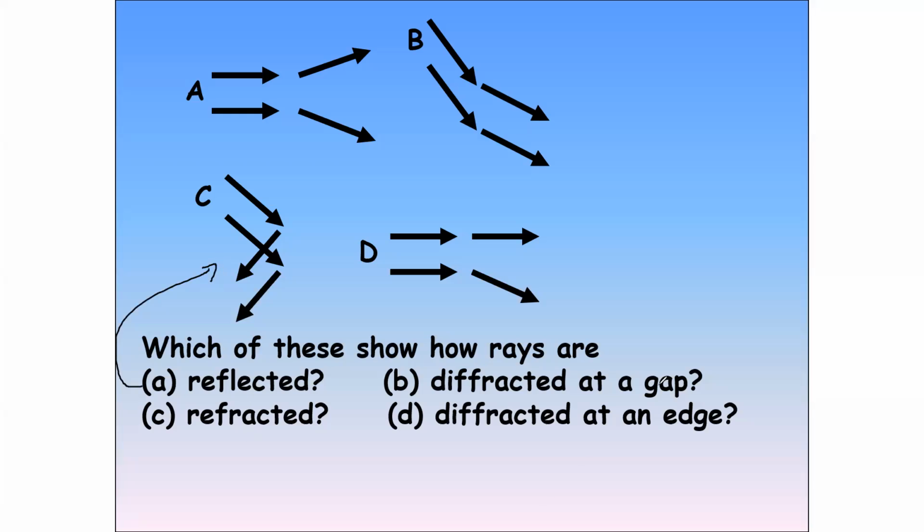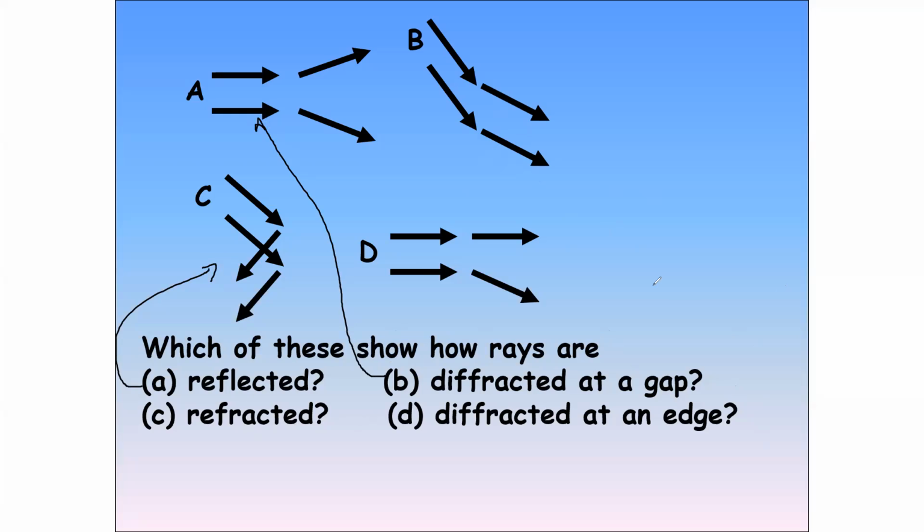Which of them diffracted at a gap, or through the gap? Which of them is representing diffraction through the gap? So diffraction through the gap is A. Which one is showing a refracted ray?